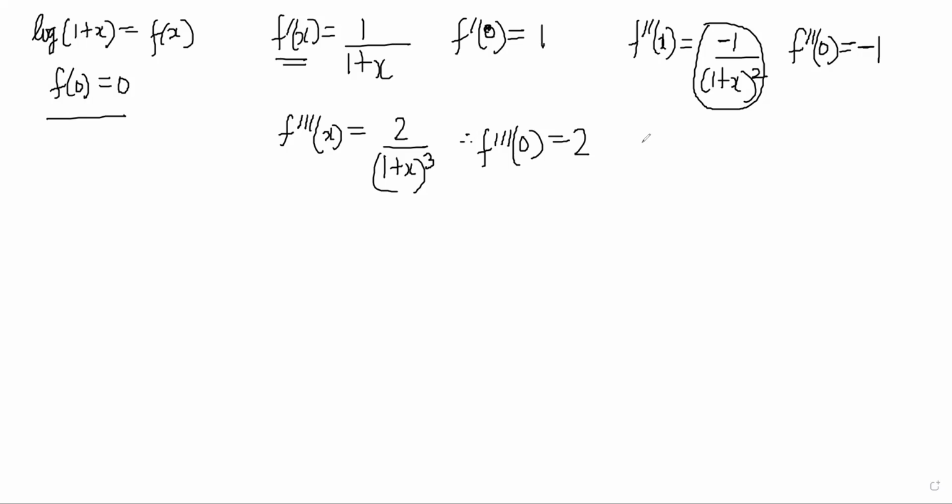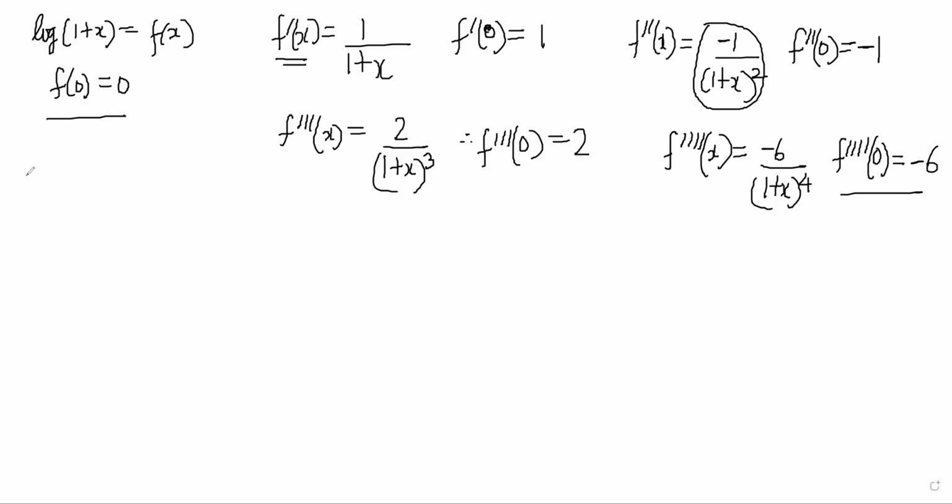So similarly, one more time we'll do. Fourth derivative of x will be 2 into minus 3, so minus 6 by (1 plus x) whole to the power 4. So fourth derivative at 0 will be minus 6, right?